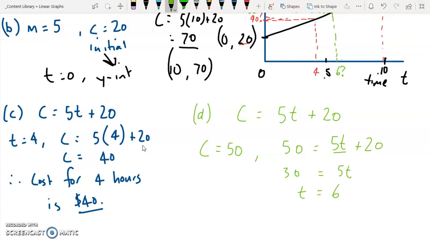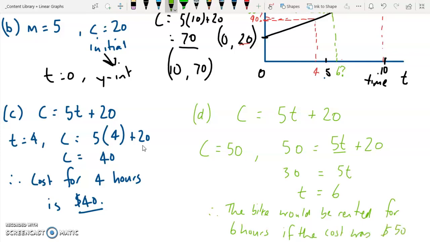So that means that, therefore, the bike would be rented for 6 hours if the cost was $50. Finishing with that sentence again.